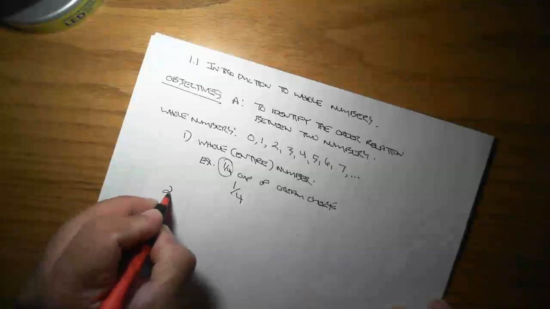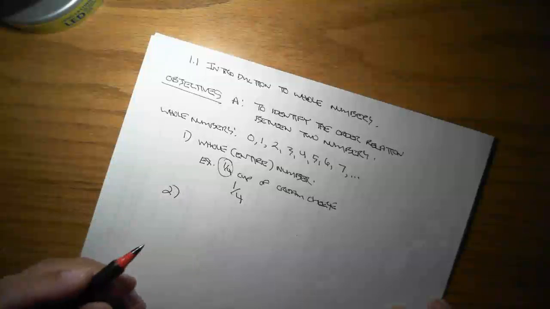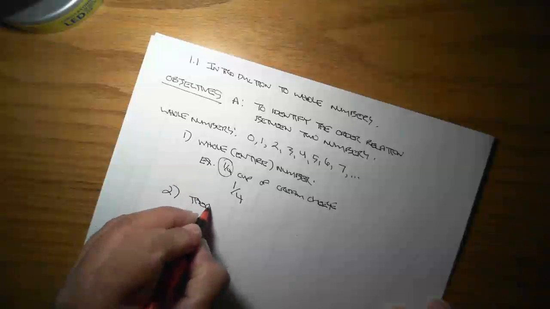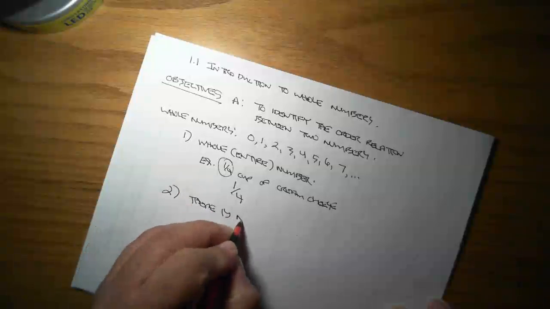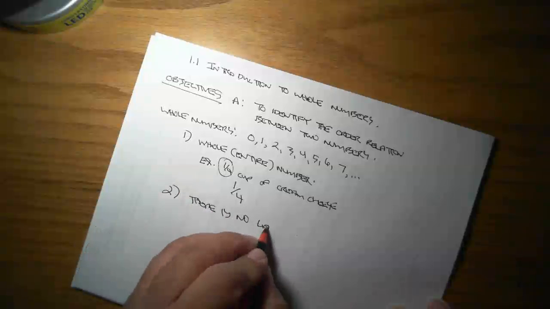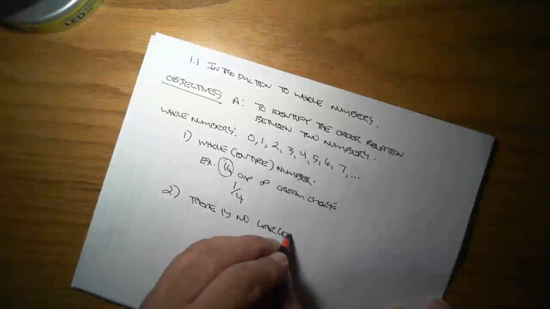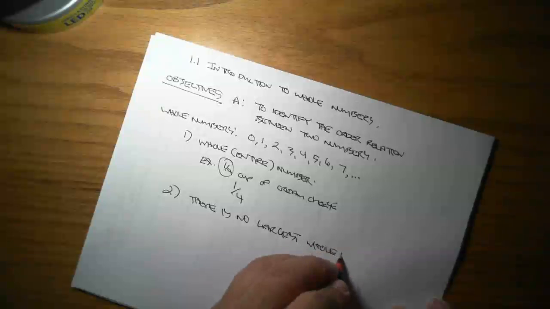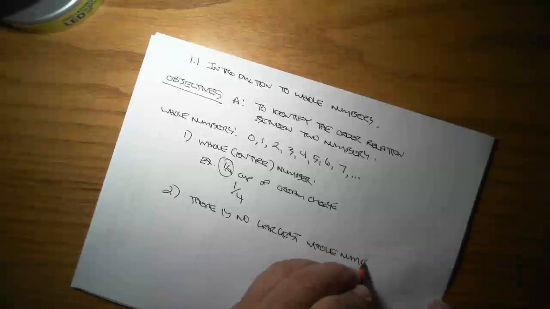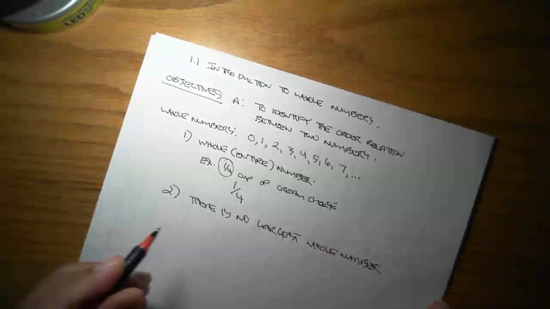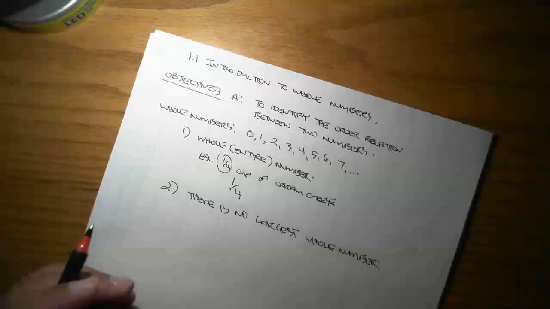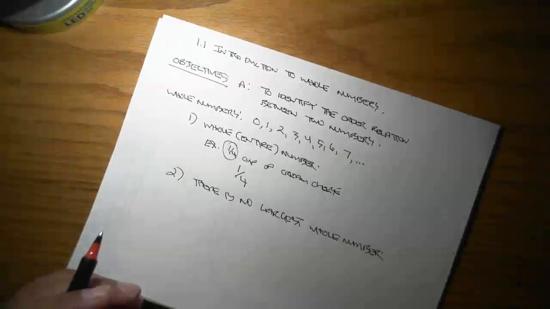The second characteristic or property of a whole number is there is no largest whole number. Okay, Mr. Lampley, what exactly do you mean when you say that? I mean exactly what I'm saying. There is no largest whole number.